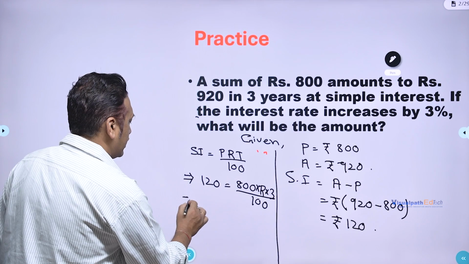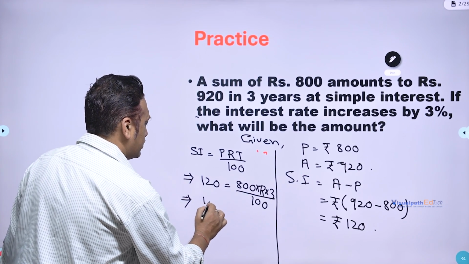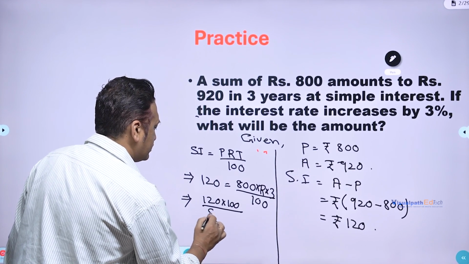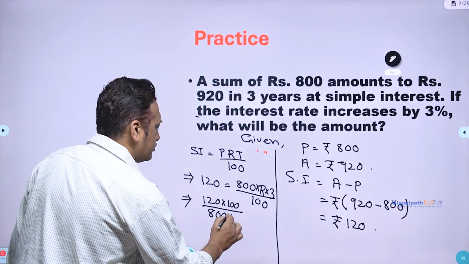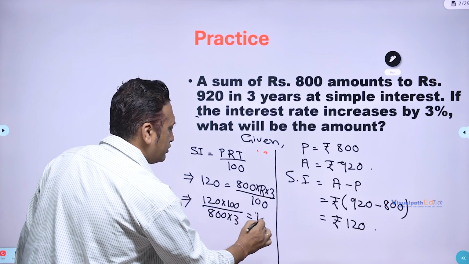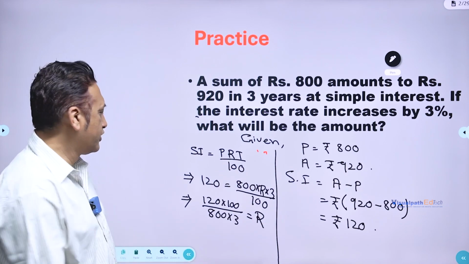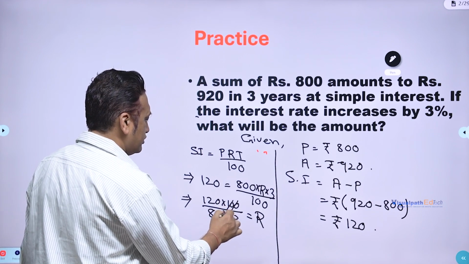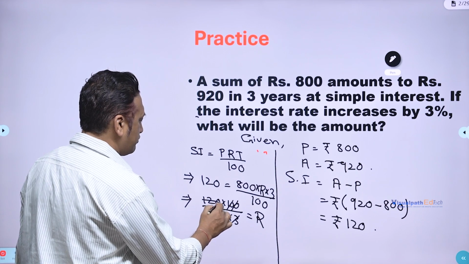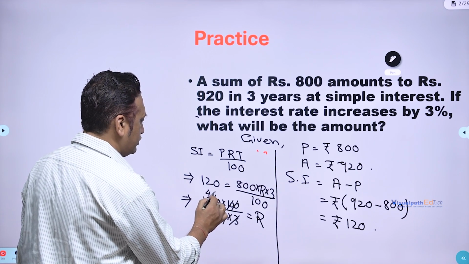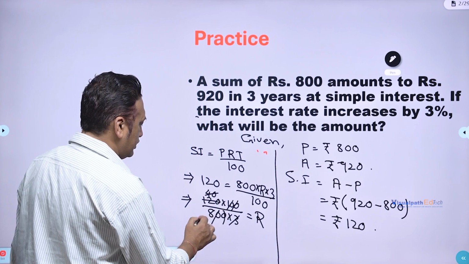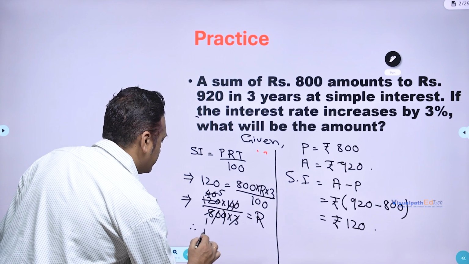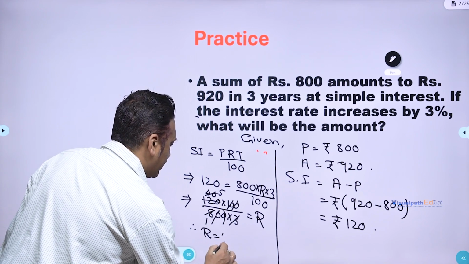So from here we can do the calculation. 120 into 100 divided by 800 into 3. This will be your rate of interest. Zeros and zeros can be cancelled, and 3 and 120 can be cancelled. We'll get 40. 40 and 8 can be cancelled. So we'll get 5. Therefore, rate of interest is 5%.